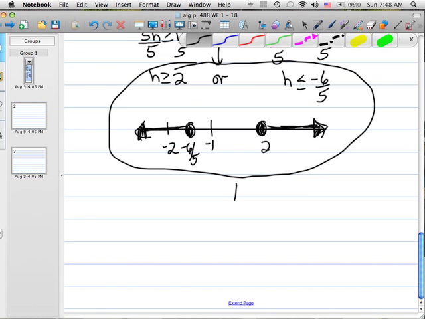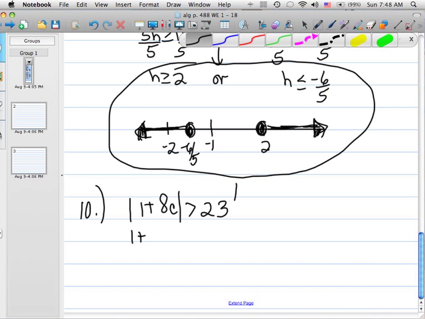Problem number 10. We have the absolute value of 1 plus 8c is greater than 23. So again, we have the Egyptian. 1 plus 8c is greater than 23. Or, this is always an or statement, 1 plus 8c is less than negative 23.